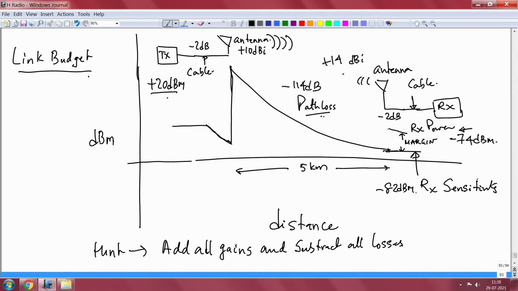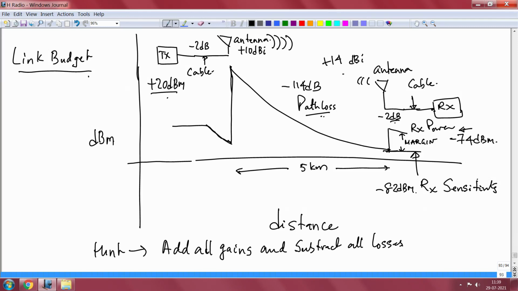So, let me draw it properly. It comes up here, but then there is again a cable which gives a minus 2 dB loss, reducing the gain by 2 dB. Then it goes to the receiver, and from here all the processing actually happens.